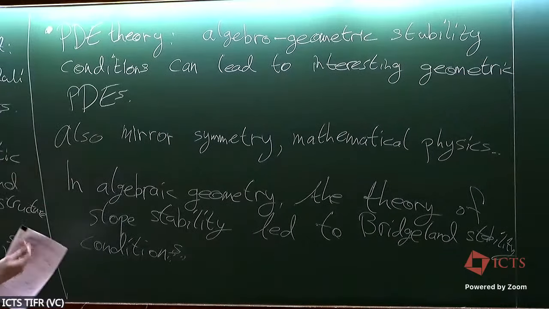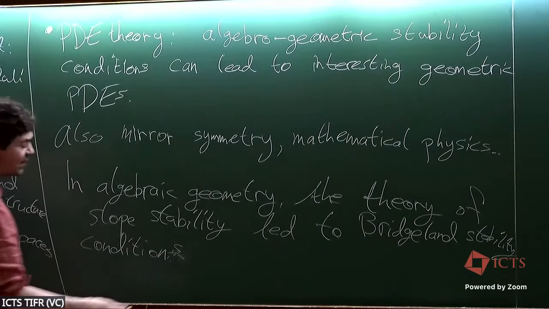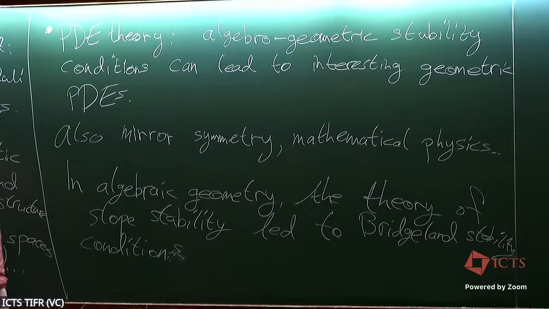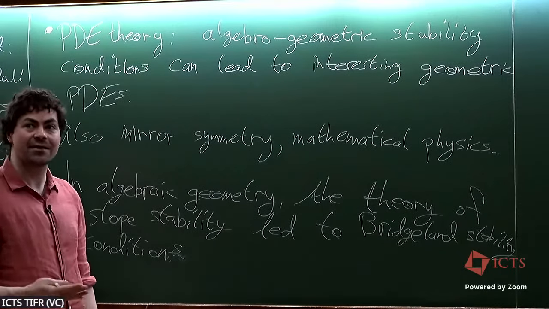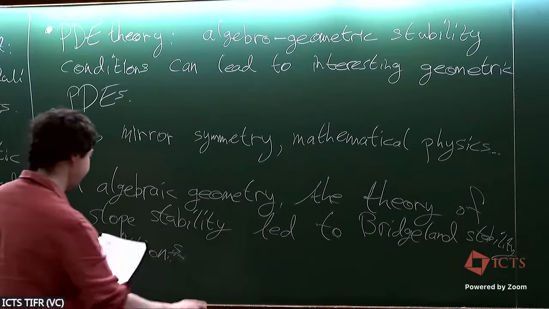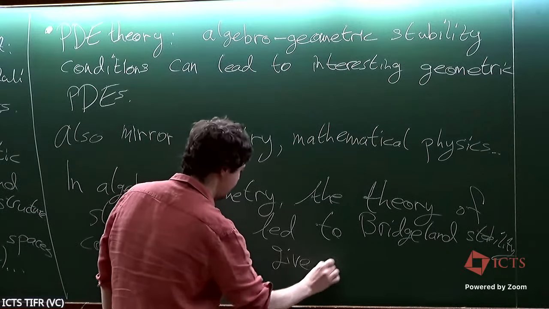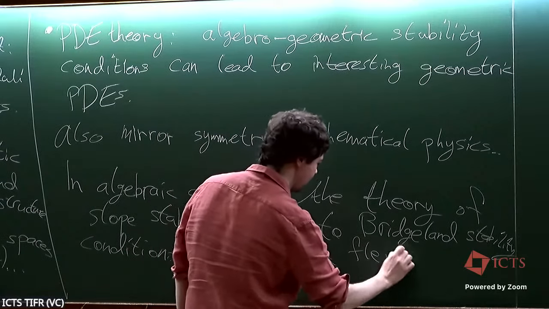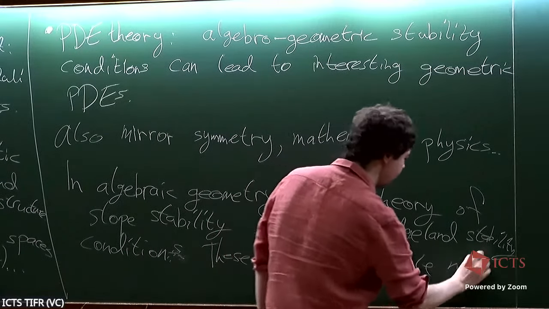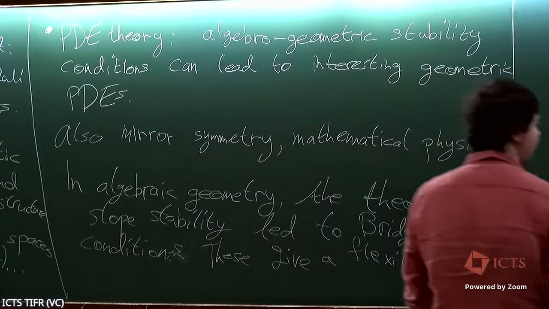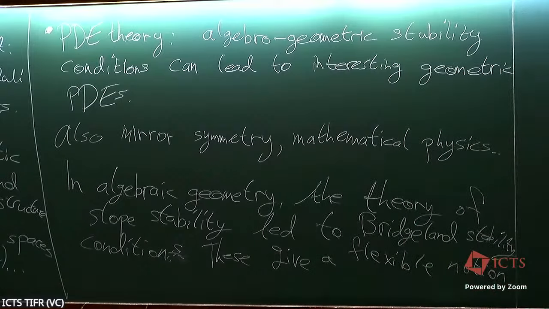Okay, and so one of the points of Bridgeland stability conditions is that they live in homological algebra. They give a notion of stability that is defined on general triangulated categories. So these give, in particular, a very flexible notion of stability, i.e. there have been many Bridgeland stability conditions.